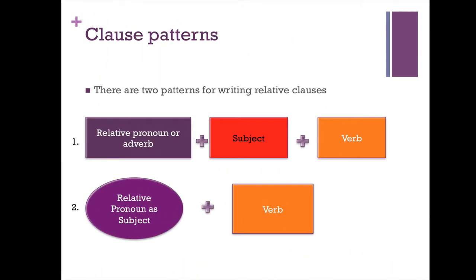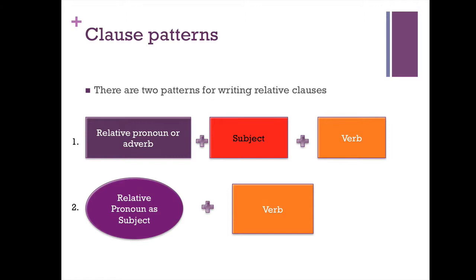Okay, as a warm-up, I should say that there are basically two patterns for writing relative clauses. And don't worry if this all seems a little bit abstract, because I'm going to show you examples right away. In the first pattern, the relative clause starts with a relative pronoun or adverb, then adds the subject, then adds the verb.